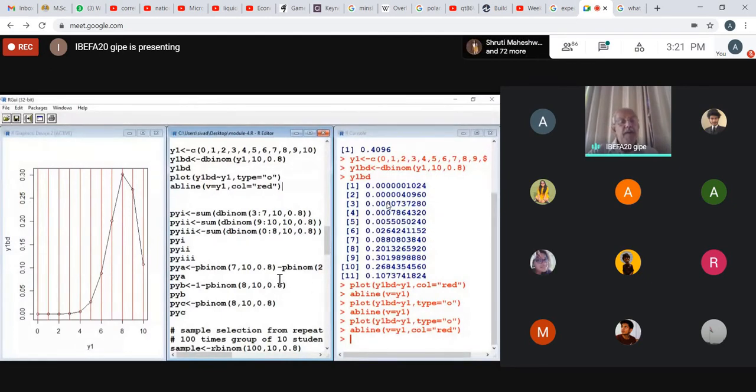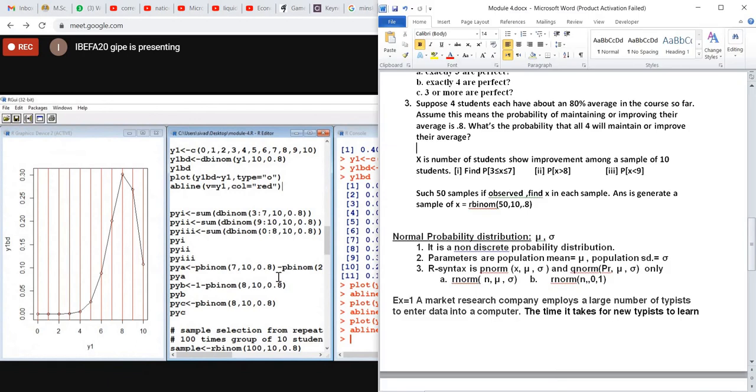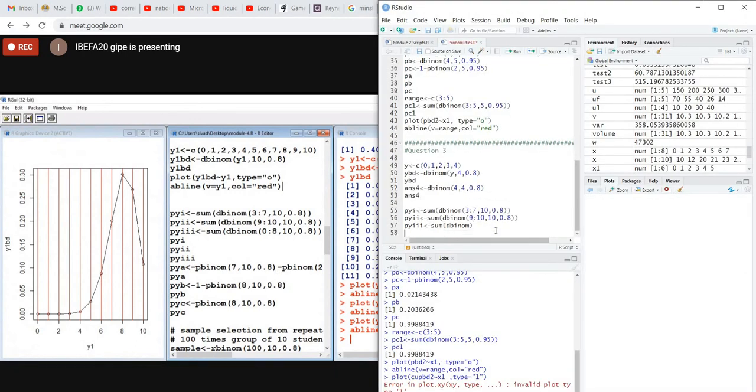So the first probability, Y1 stands for the first question's answer, is for 3, 4, 5, 6, 7.